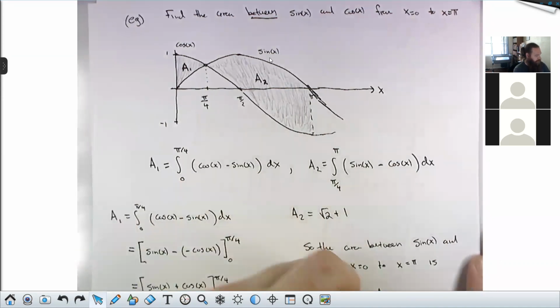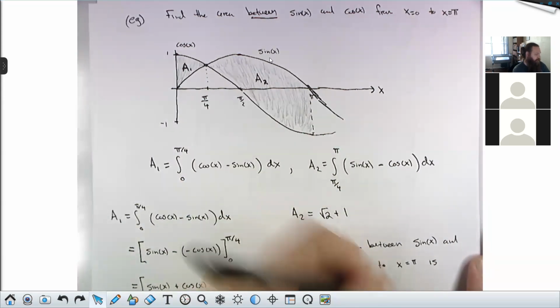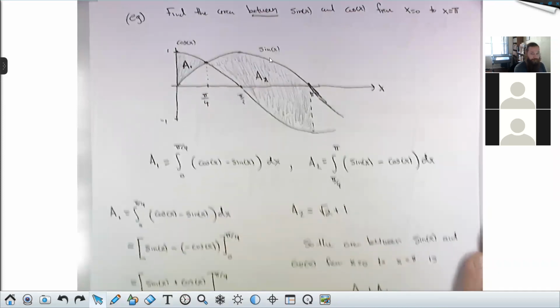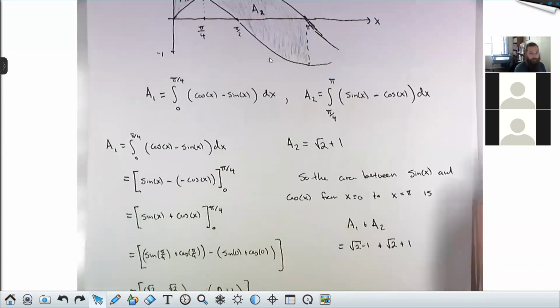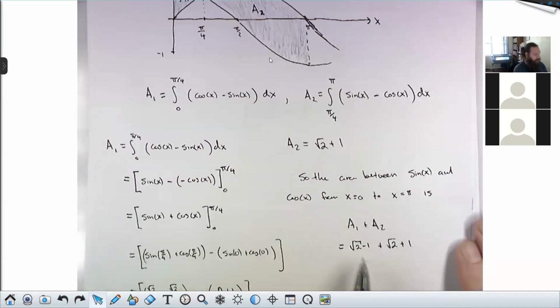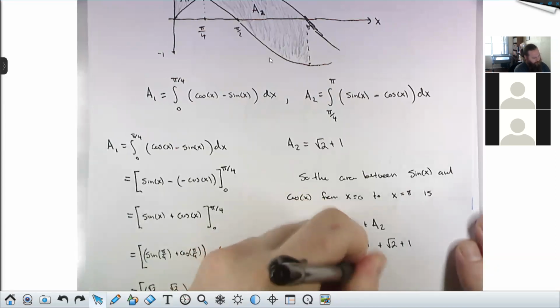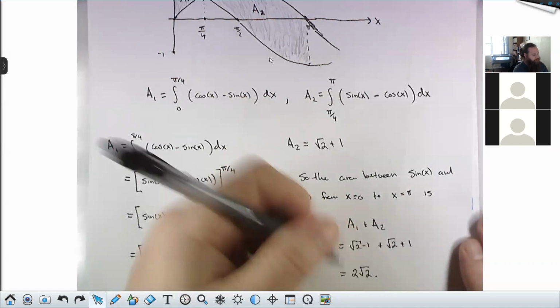A1 was the square root of 2 minus 1, plus A2 is the square root of 2 plus 1. So you have root 2 plus root 2, and then plus 1 minus 1. That's 2 times the square root of 2. That's it.